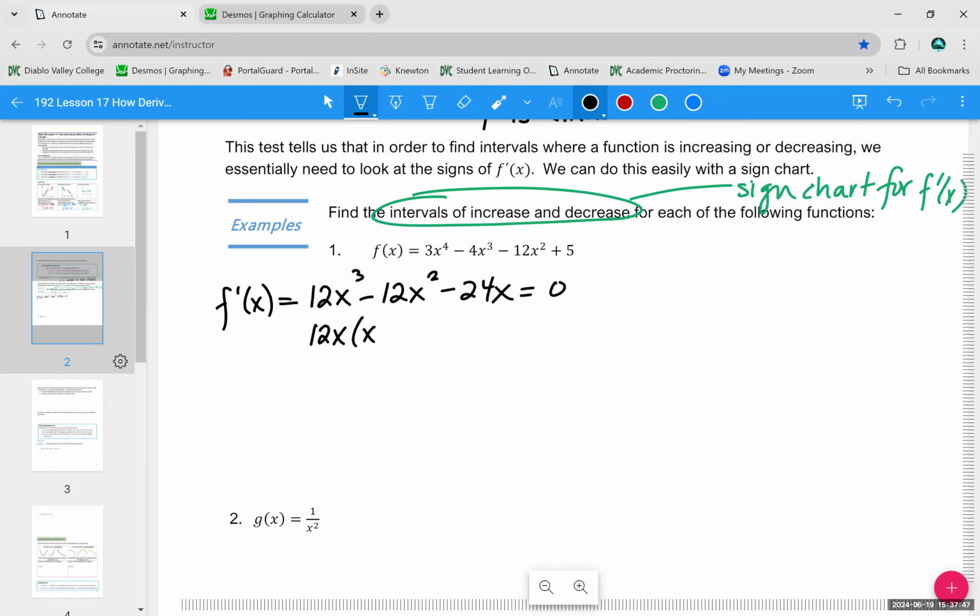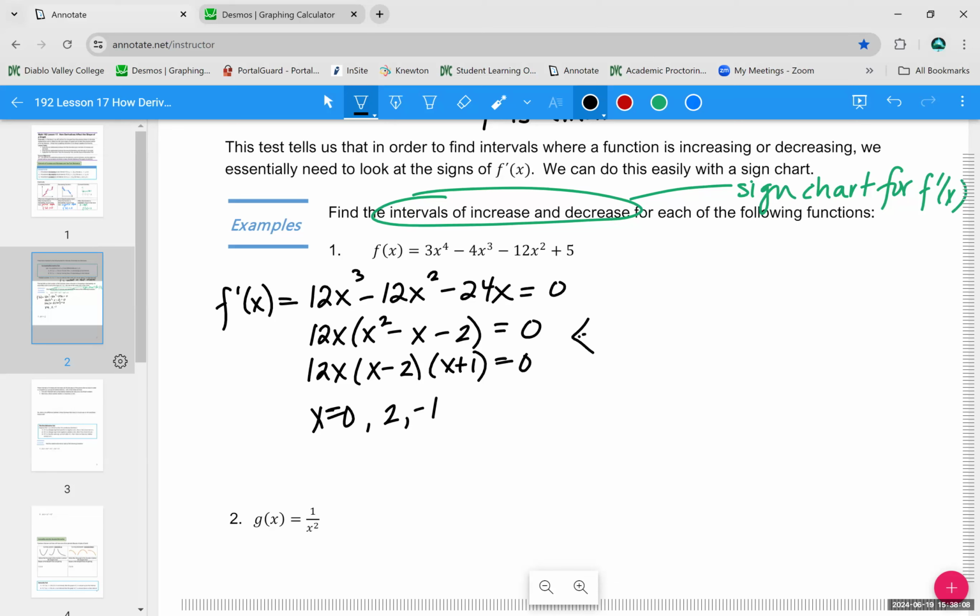So I'm going to start by trying to factor out the GCF, which is 12x, and then I can factor what's left inside. So it looks like I have three zeros, x equals 0, x equals 2, and x equals -1.